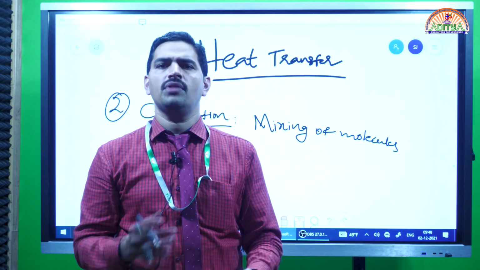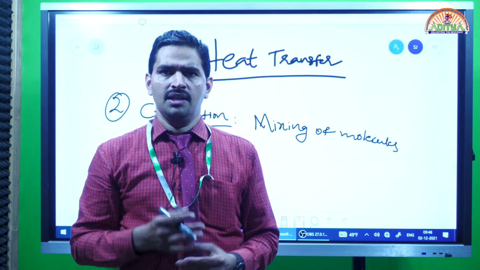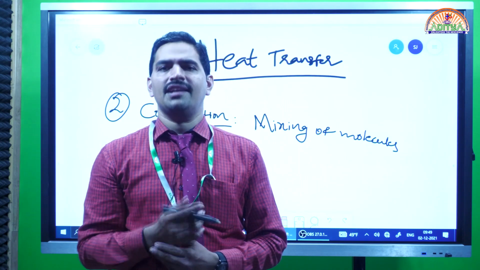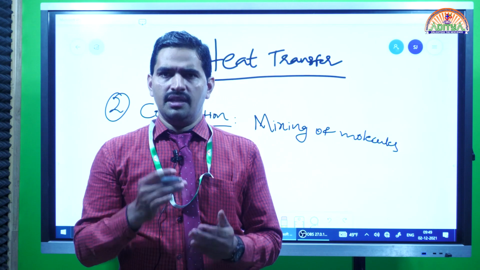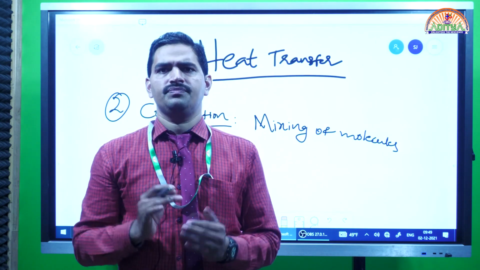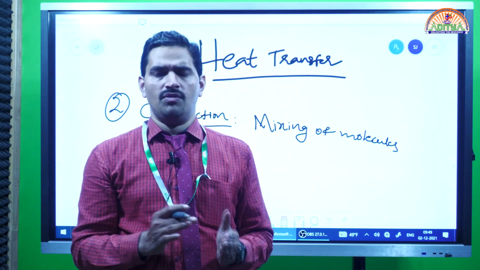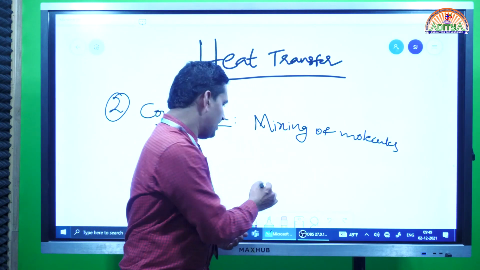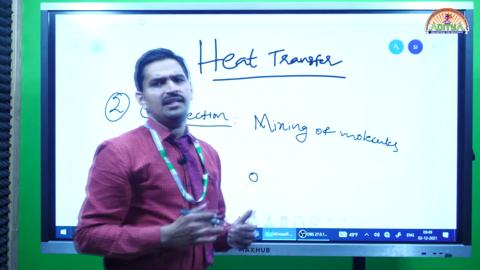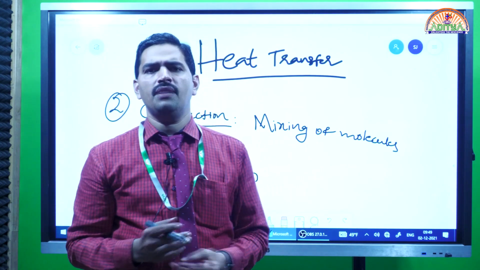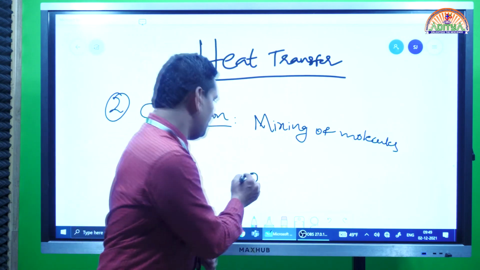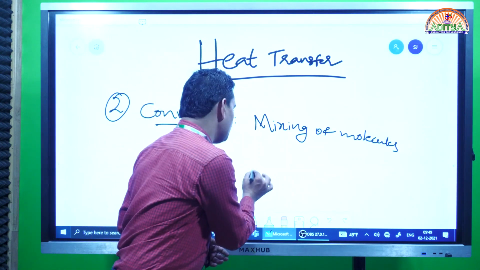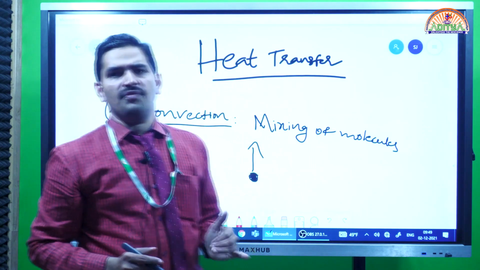For example, if you are going to heat water by means of a water heater, the water molecules which are adjacent to the water heater get heated, and after absorbing the heat, they become less dense.